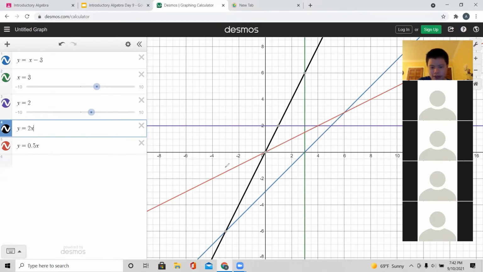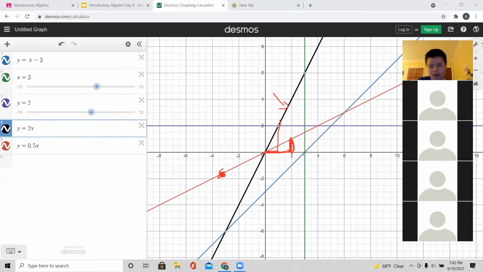If we were to take this copper line, it runs by 2 and goes up by 1. And if we were to take this black line, it goes by 1 and goes up by 2.